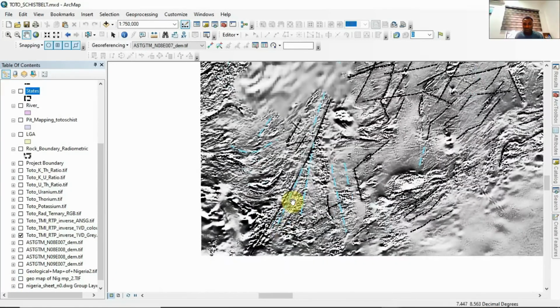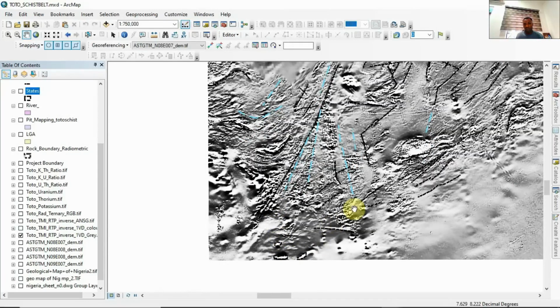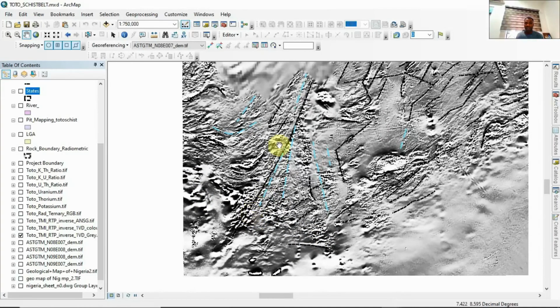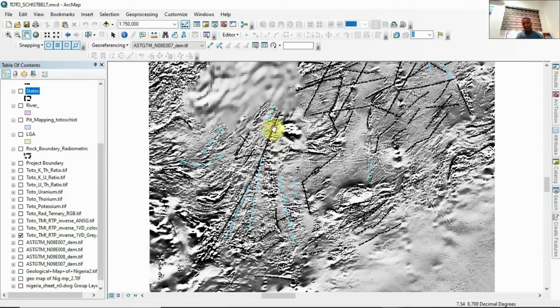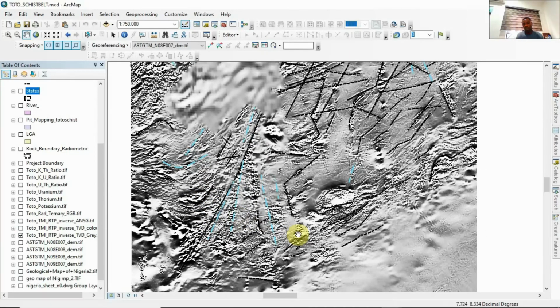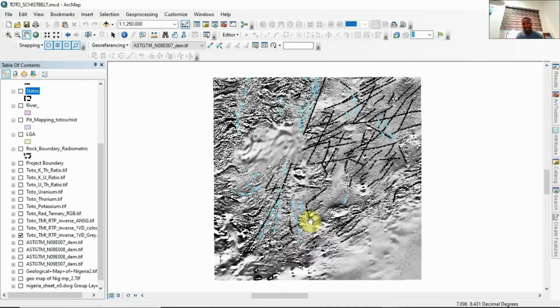You can also see a fine texture within this zone, and you can see a kind of shearing along this zone. You can see a kind of fold here and all that.